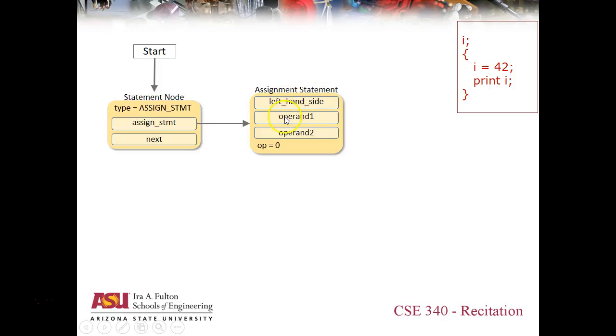It's got a left-hand side, an operand 2, and then the type of operation. In this case, we're doing I equals 42. There's no plus, minus, or whatever here, so there's no secondary operand 2, and I just set it equal to 0. I think it actually says that in the comments somewhere. So the left-hand side is the value node, name I.